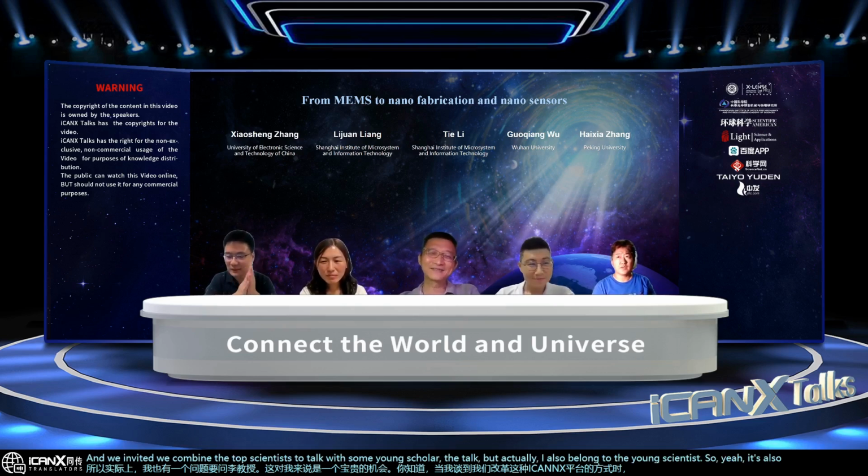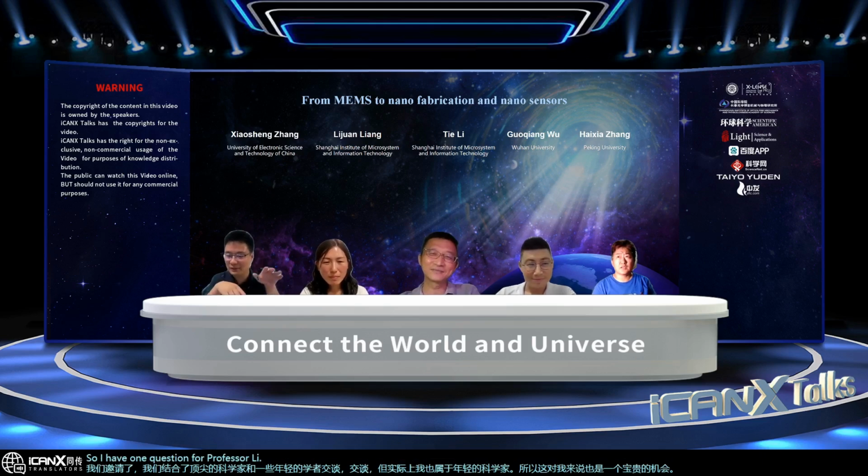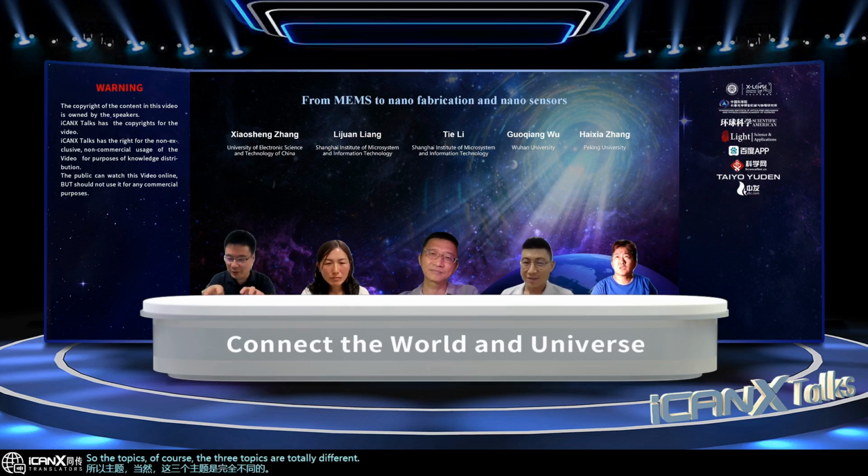I have one question for Professor Lee. Since we have young scholars today, and also top scientists like you, the topics are totally different. But my question is: do you think there is an exact boundary between micro and nano? MEMS microfabrication technology is very powerful, maybe even more powerful than nanofabrication technology, for sensors.